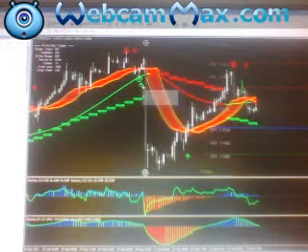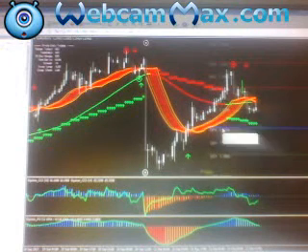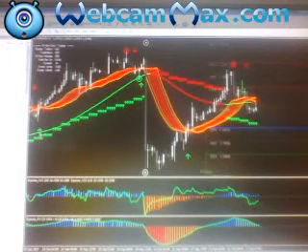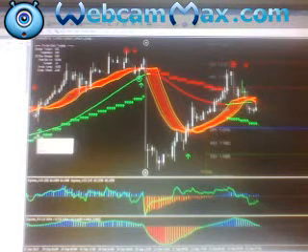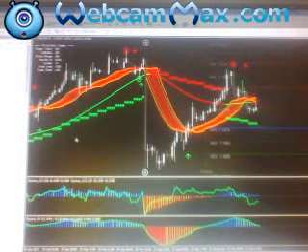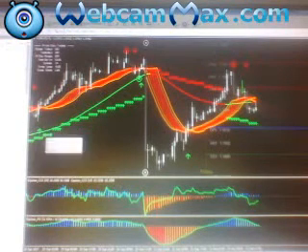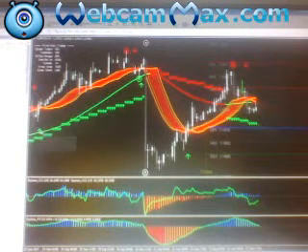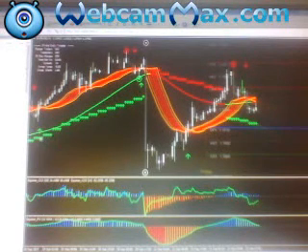These are the large green arrows. So whenever a large green arrow appears, you take a buy trade. It is important to note that not every green arrow will guarantee you a buy trade. You have to confirm your entry with 2 more things.